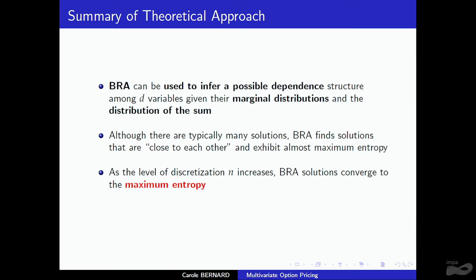But it's a nice property in the sense that maximum entropy is often what nature is doing when you don't constrain it. So if really the only information you have is the marginals and the sum and nothing else, then the most plausible model should be the maximum entropy one. So it's not completely absurd to take the output of this algorithm.